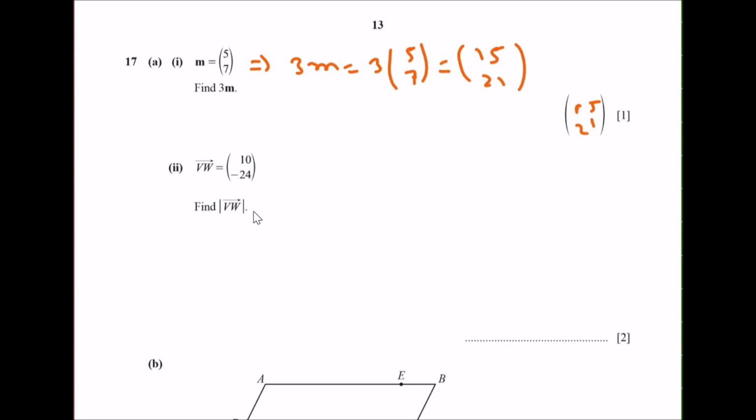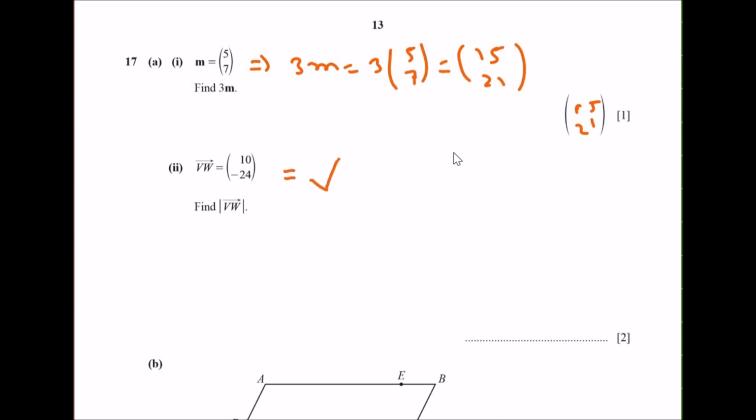Okay. Now VW equal to (10, minus 24). Find the magnitude of vector VW. So as we know, if we have a vector given, we have to apply the Pythagoras theorem to find the magnitude.